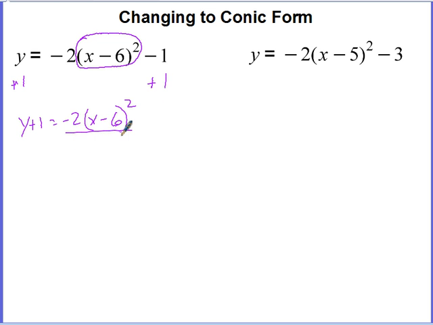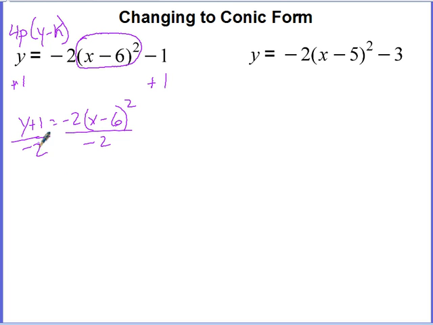And then the last thing I'm going to do is divide by negative 2. Now I don't want it to look like this. I also don't want to divide both of these things by negative 2 because I want it in my conic form, and remember that was 4p times y minus k.